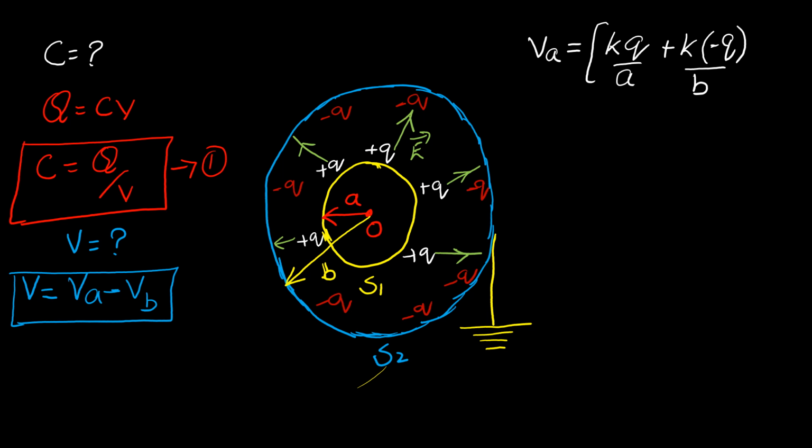So minus, it will be K into Q divided by B plus K into minus Q divided by B.